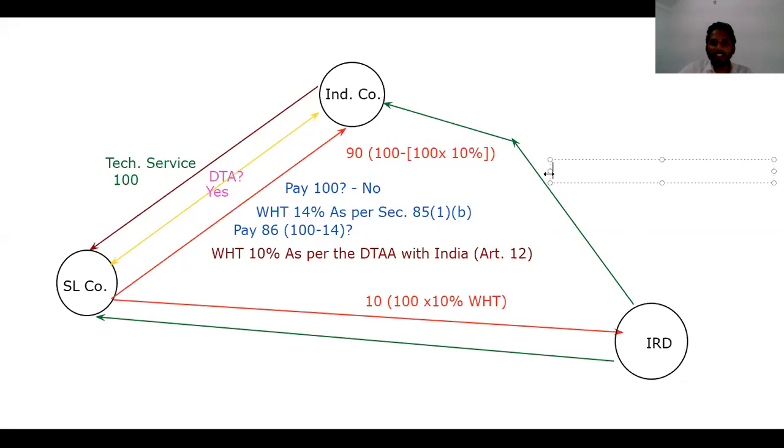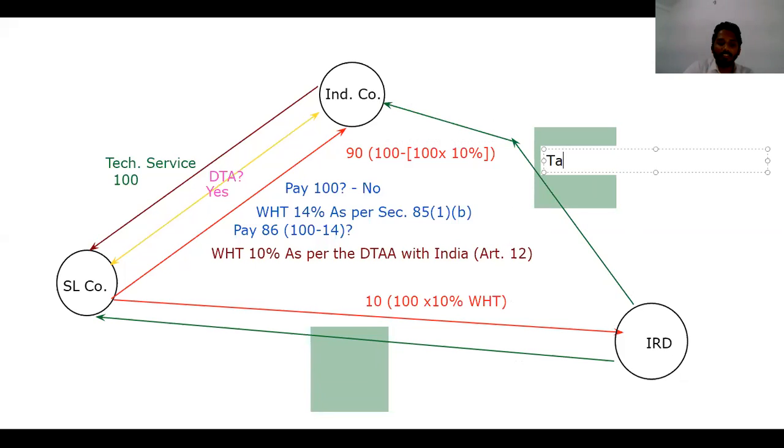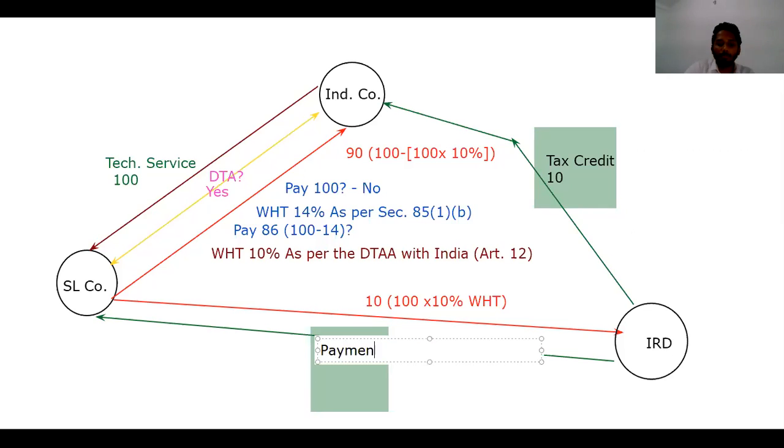They will issue one certificate for them to claim the 10, and the other in order to make the remittances. For tax credit purposes they will issue the T10, and for payment purposes a separate certificate, the clearance certificate, which we call the tax clearance.